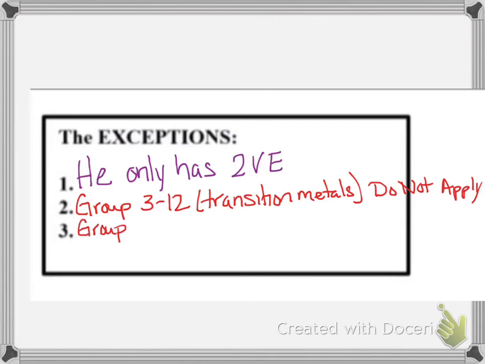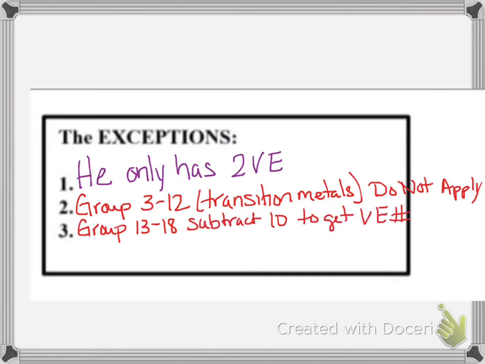And then when we are looking at the groups or the families, you know that they're numbered across the top from 1 to 18. Well, we don't count 3 through 12. So when we get to 13, we have 13 through 18. But there's not 13 valence electrons on a level. But if you subtract 10, it gives you the right number.